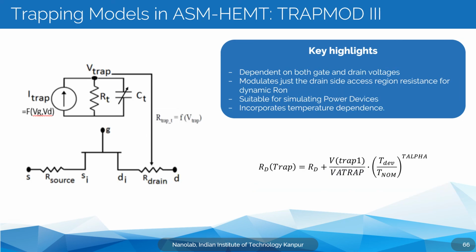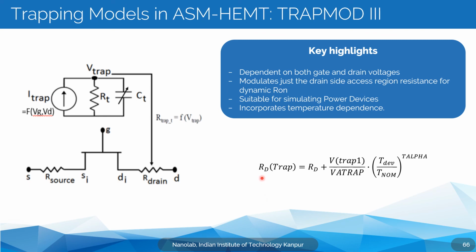Now the third model we have is Trap Mod 3, and this is made specifically for power devices. The only parameter we change in this one is the drain side access region resistance.